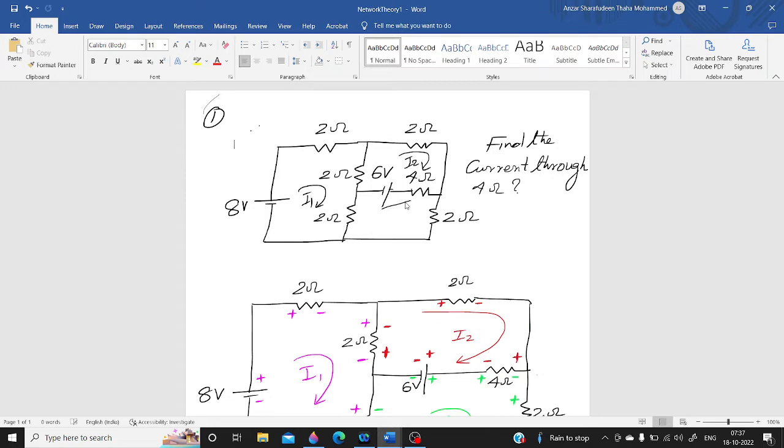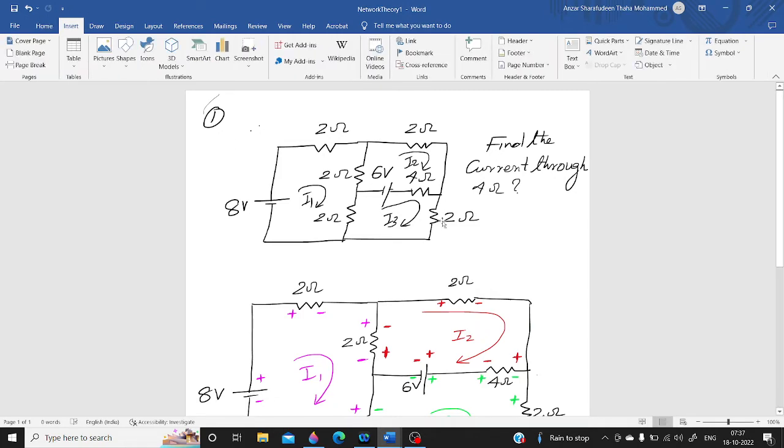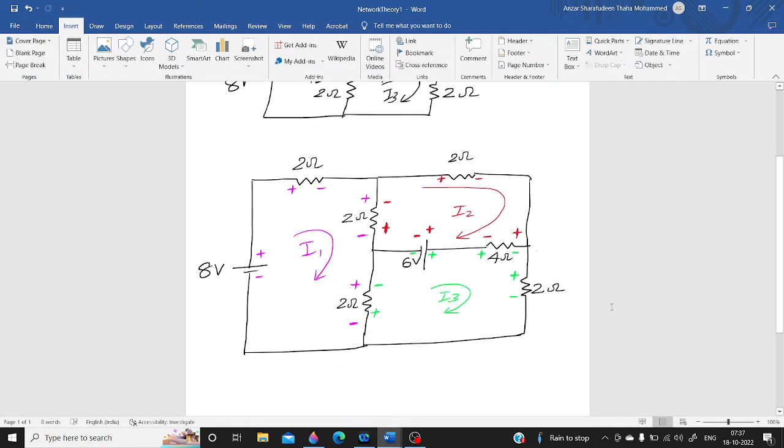And I am assigning this mesh with current I3. Now the second step is you apply polarities for each mesh. Here I have drawn this circuit for clarity, and the polarities in each mesh are given with a separate color. For mesh 1 I have used a pink color, for mesh 2 a red color, and for mesh 3 a green color.